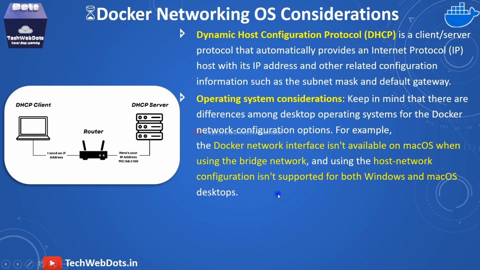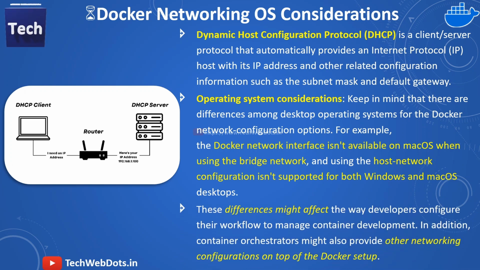So we have to be very careful about which networking type we use on which operating system. The differences might affect the way developers configure their workflow to manage container development. In addition, a container orchestrator might also provide other networking configuration on top of the Docker setup.